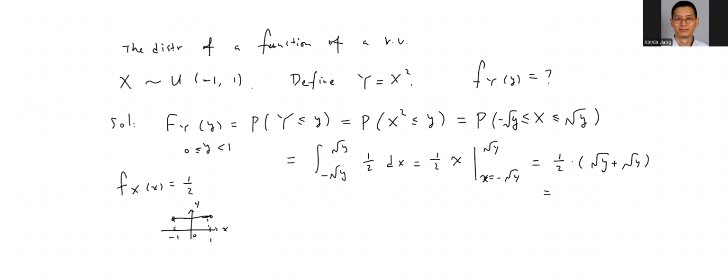So this is our CDF. The density of Y is the derivative, so it's one half times 1 over the square root of y, for y greater than 0 and less than 1.